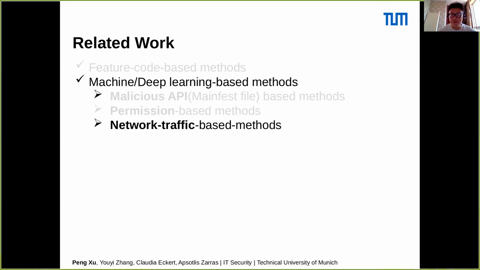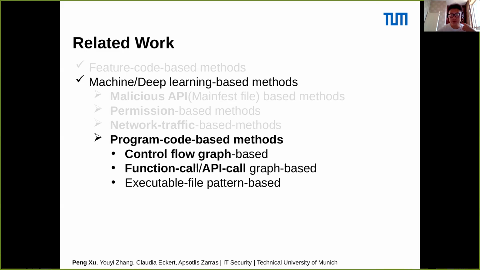Of course, network traffic is also a type of feature used to detect malicious behavior. Last but not least, we also get features from the program code itself. That means we can extract the control flow graph, API calls, and function call graph from the program code itself.